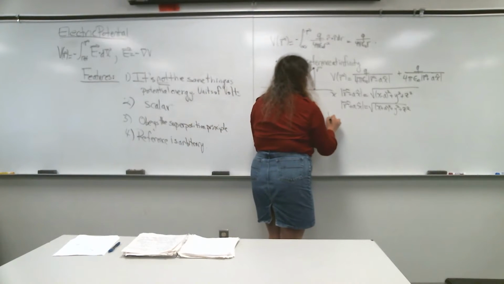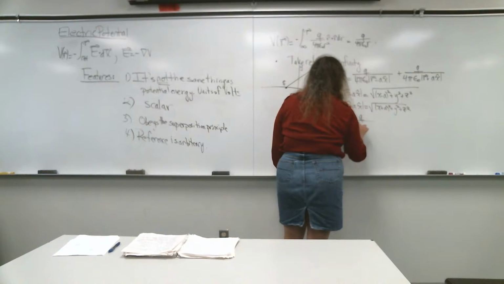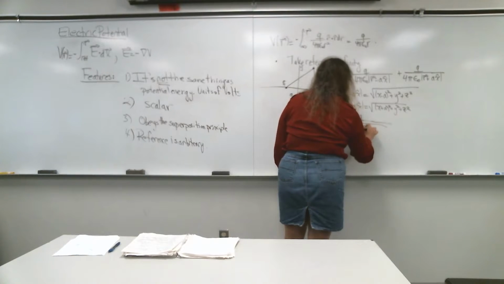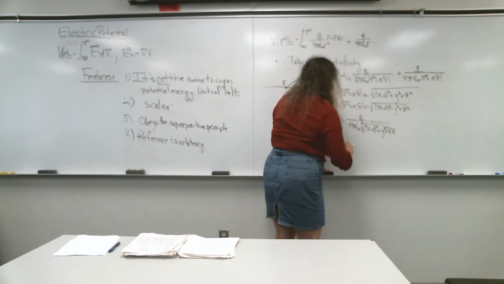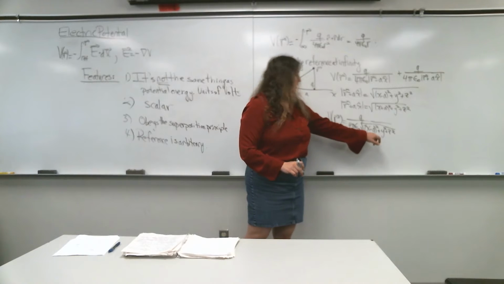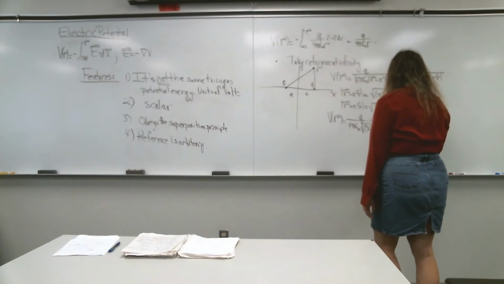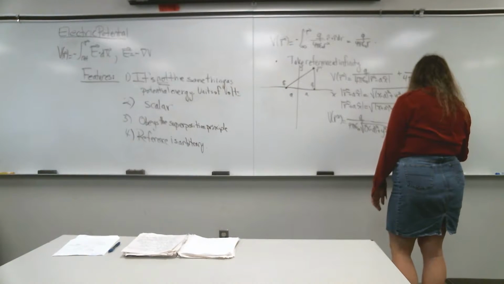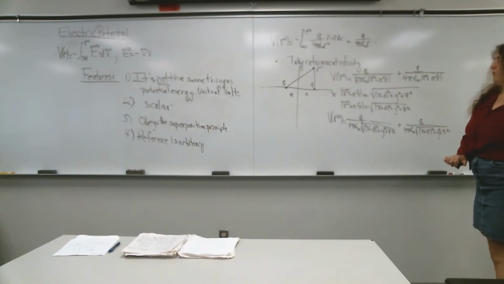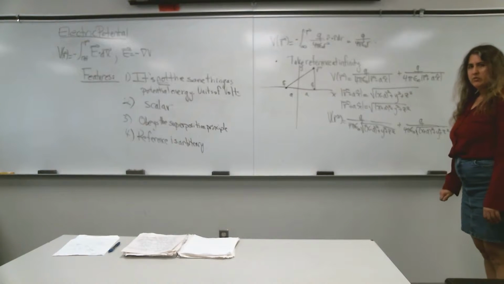And then my potential becomes Q over 4 pi epsilon naught times the square root of (x minus a) squared plus y squared plus z squared. And the second term is Q over 4 pi epsilon naught times the square root of (x plus a) squared plus y squared plus z squared.